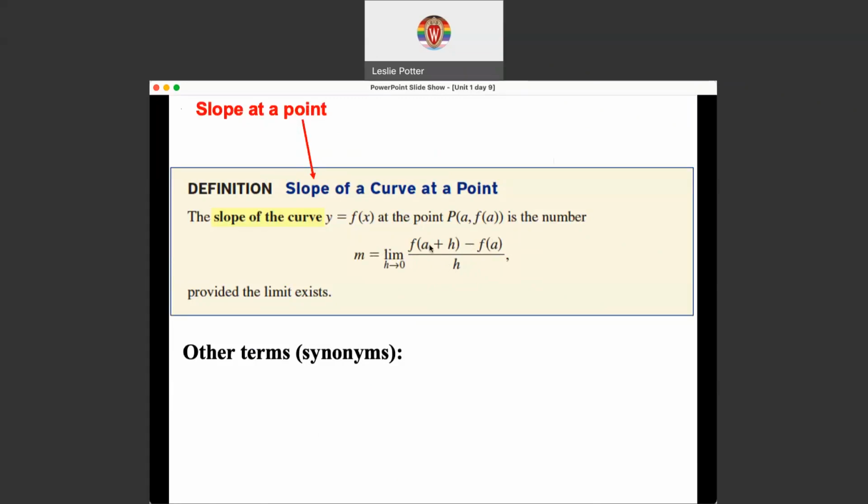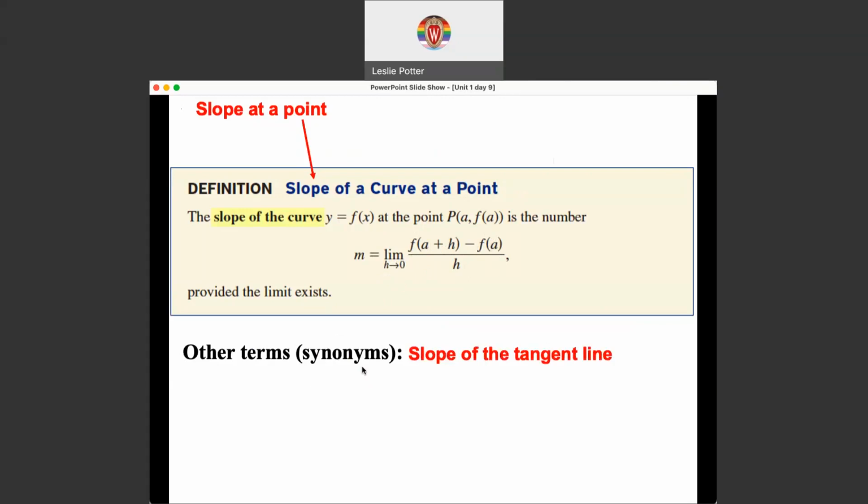But we simplified it. This is just slope, and we're taking the limit of this expression, which means we have to have a function to plug up here, up top. We have to have a function that we can simplify and do some of our limit processes that we had on our flowchart, so that we can eventually evaluate it when h is approaching 0.